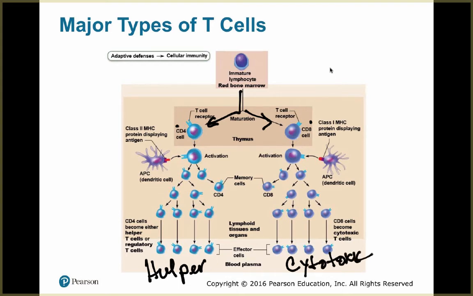And so when a CD4 cell basically matures, they become activated by these dendritic cells, the APC cells. Remember, we talked about how they can come in and they're the helper cells. And then from there, they divide.